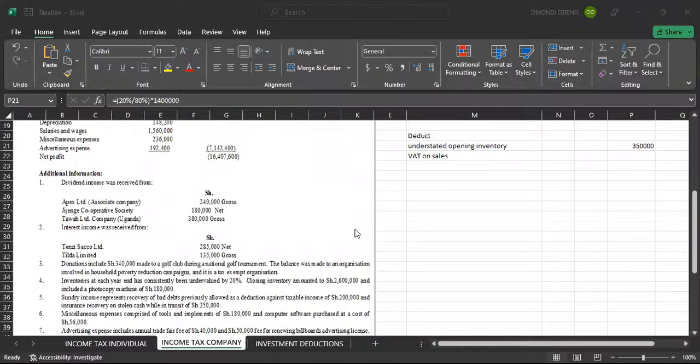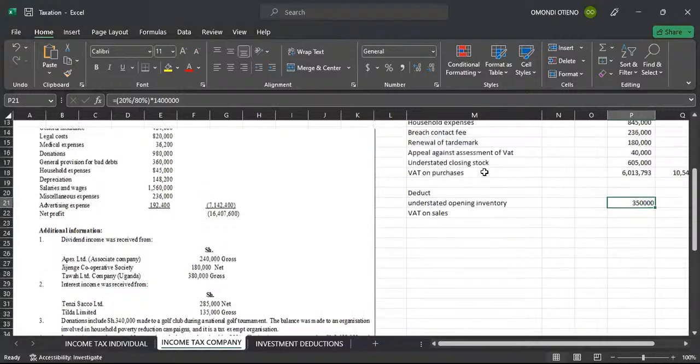If you undervalue closing stock, in the next financial year that closing stock becomes the opening stock. So do we have any information related to the opening stock? Okay, so that is now clear.